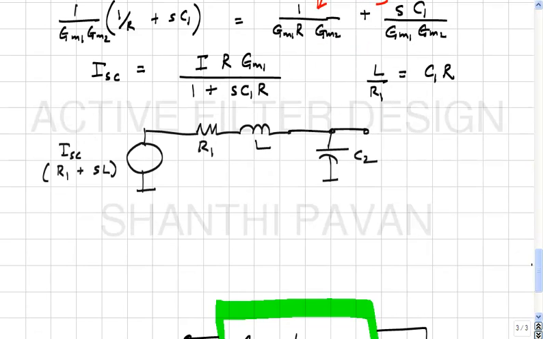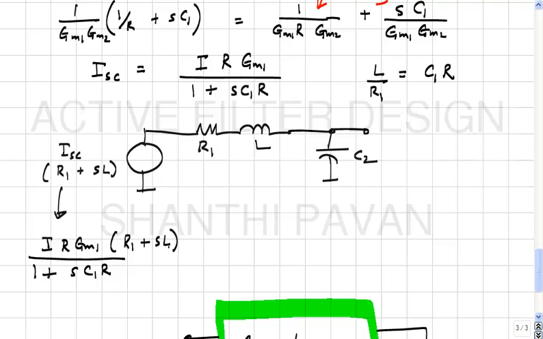Okay, and what is ISC times R1 plus SL? ISC is nothing but I R times GM1 divided by 1 plus SC1 R, times R1 plus SL. I made a mistake somewhere. I think I have an extra. Yeah, it's fine, I think.